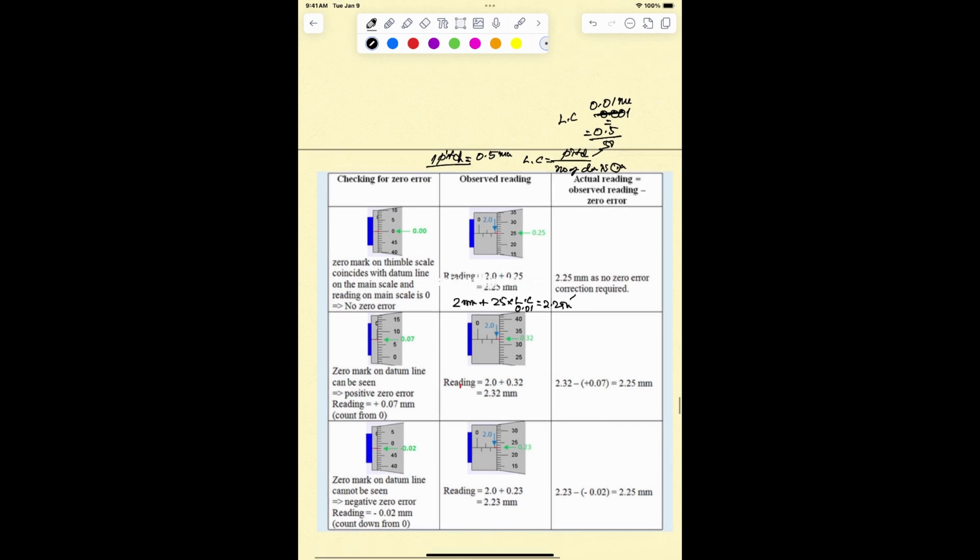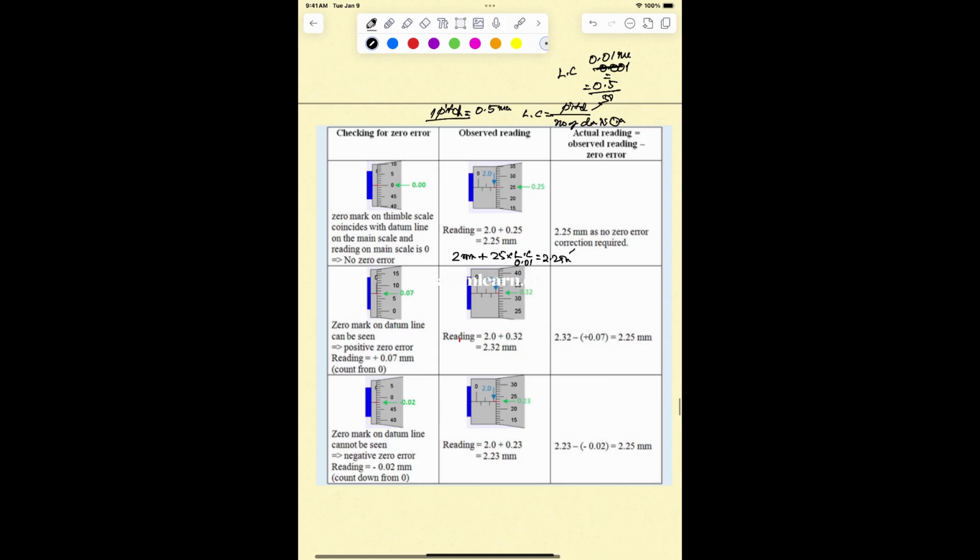Then the next thing is, suppose there is a zero error. Then what happens is, positive zero error means the zero of the main scale is visible. In this case, it is visible here. Now 0 is visible here. Therefore, after 0, the head scale is found. And then which division is coinciding?